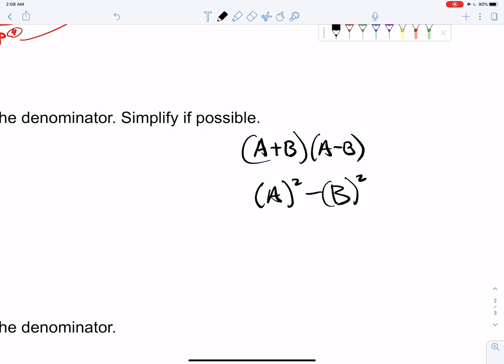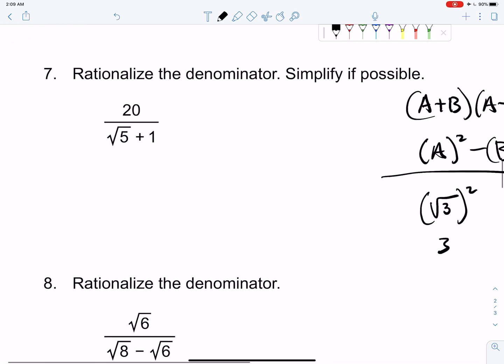All the nasty stuff in the middle zeroed out, and you have perfect squares. A is a perfect square and B is a perfect square. Guess what a perfect square does to the square root of 3? The square root of 3 times the square root of 3 is just 3, right? So this is a really powerful thing when we're trying to rationalize the denominator.